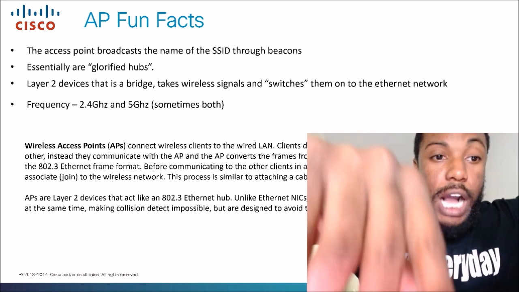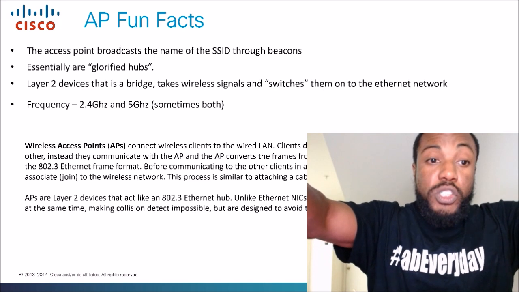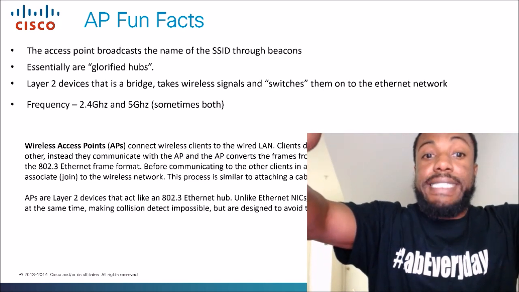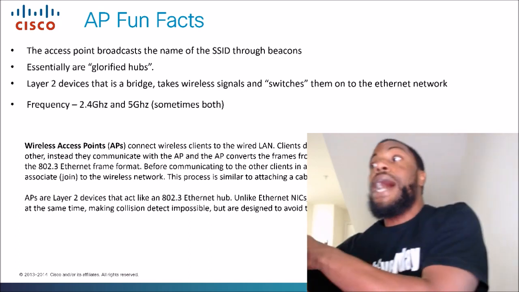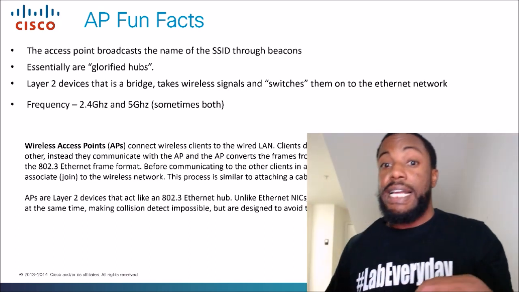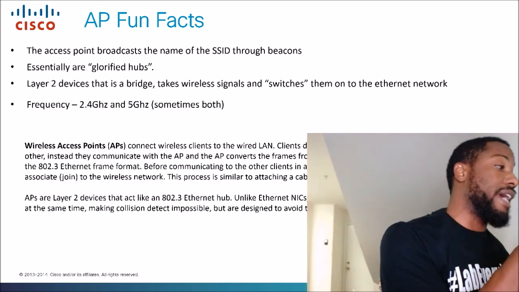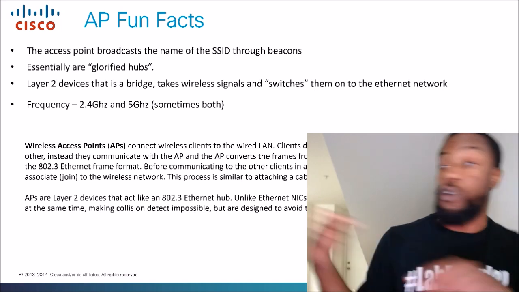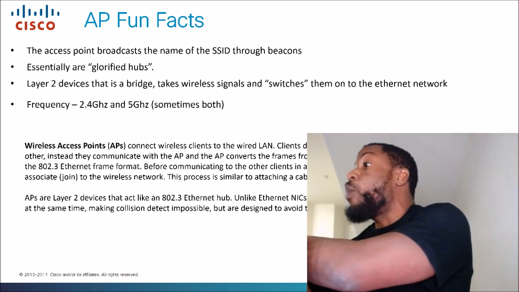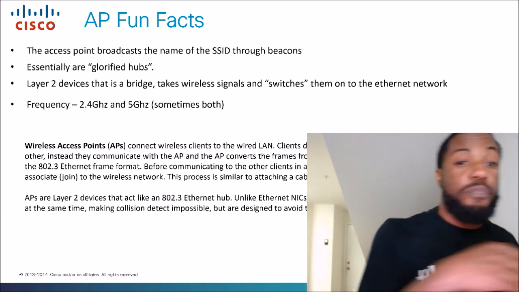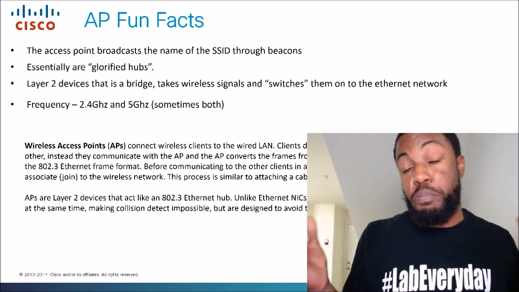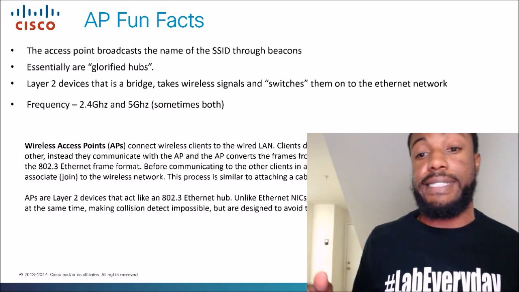It's also considered a layer 2 device that is a bridge. It takes the wireless signals and switches them onto the Ethernet network, the wired, right? So it takes everything wireless, the radio signals, and puts them onto the wire. That's why it's pretty much a bridge, and it's a layer 2 device.